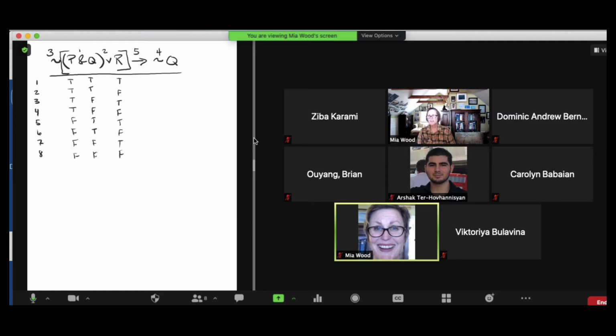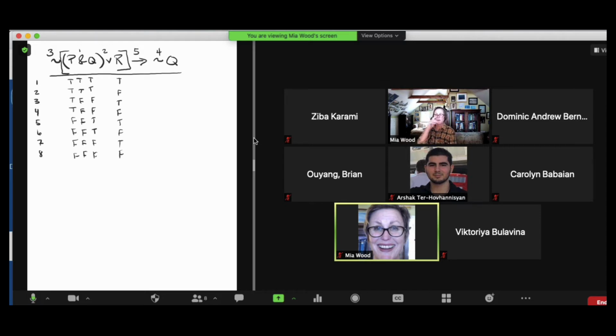Is P conjunction Q false on any rows? And if so, which ones? Right, so I see Arshak saying 3 through 8. So, true, true, false, false, false, false, false, false.